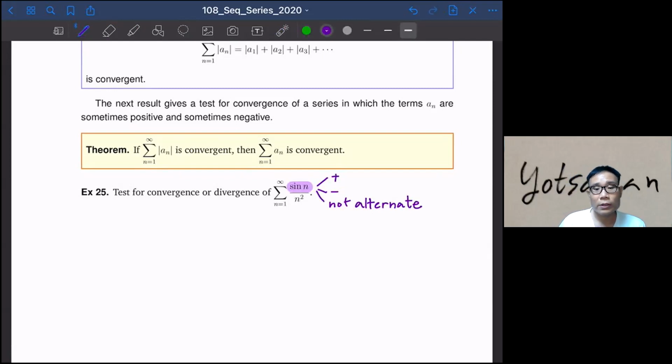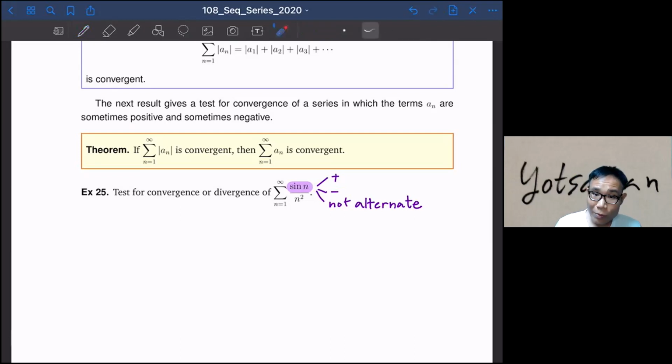So for this series, using the alternating series test is not possible because it does not alternate. It is also impossible to use comparison, limit comparison, or the integral test because the terms are not positive.